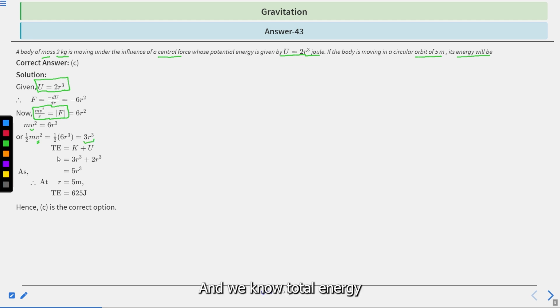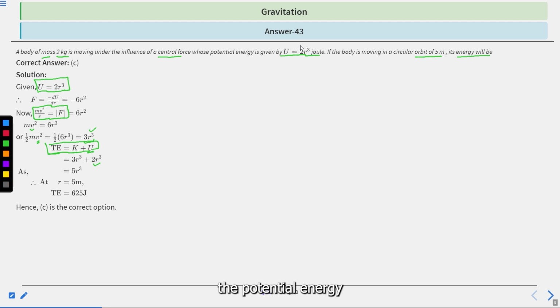We know total energy is equal to kinetic energy plus potential energy. Here kinetic energy is 3r cube, and potential energy, which is given in the question, is 2r cube.